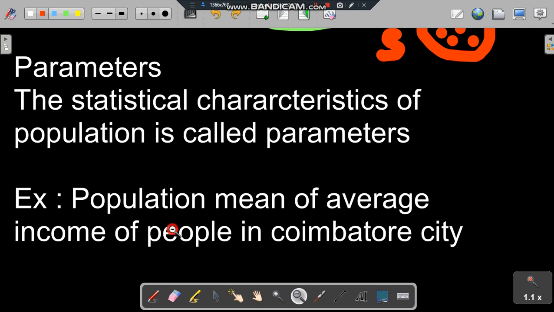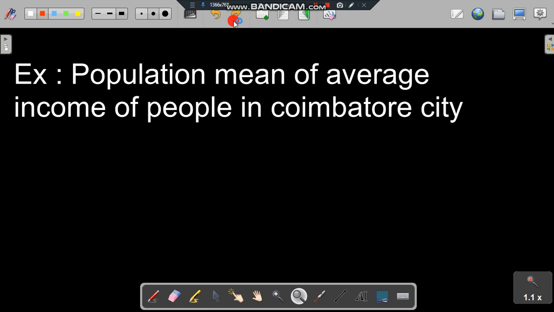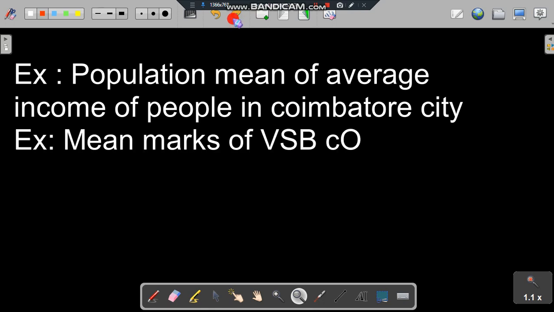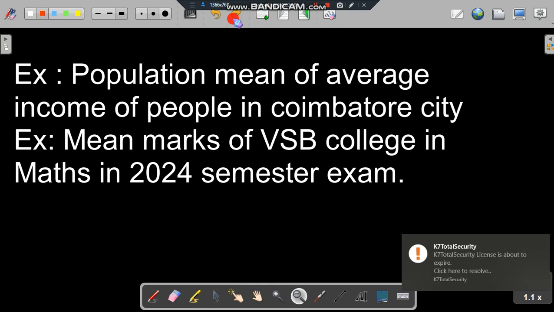So a parameter is a characteristic of the population, and here mean or average income is one of the characteristics of the population, and that is called a parameter. I can give another example: mean marks of VSB College in maths in the 2024 semester examination. What is the meaning of that?